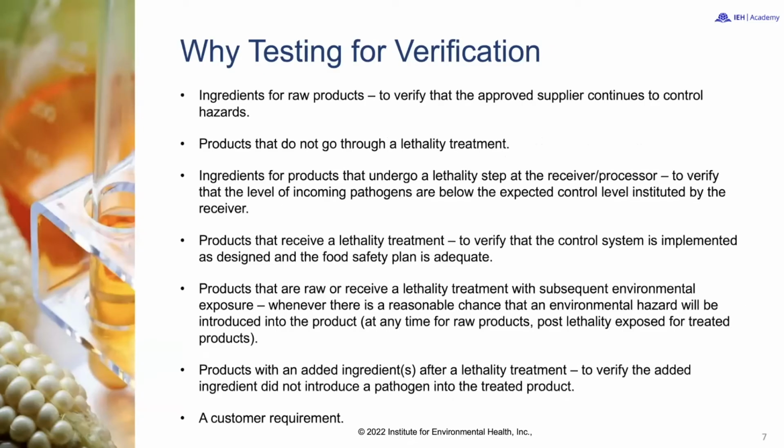These are some examples or situations where verification testing could be important. First, I'll give you an example where verification testing isn't very common or important. If you're a manufacturer of low-acid canned foods, we don't commonly pull samples of those cans out and do tests for pathogens on them.